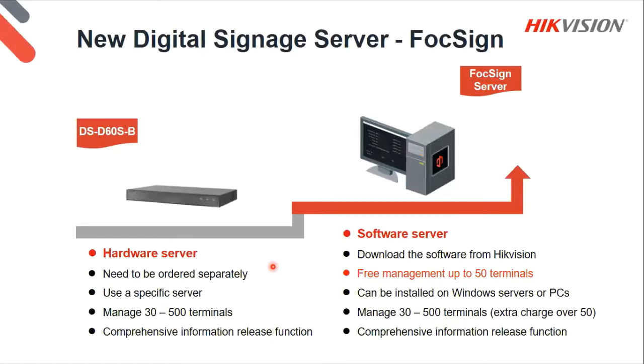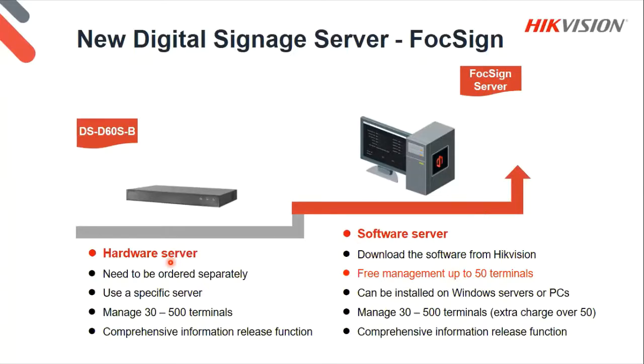All right, so we moved from, well, this is all actually available, hardware server to software server. And this is the FoxSign software that you buy from us, which gives you a little bit more flexibility and also free management for up to 50 terminals. All right, so you can control up to 50 terminals with this one free of charge, and then you just buy licenses from there on up.